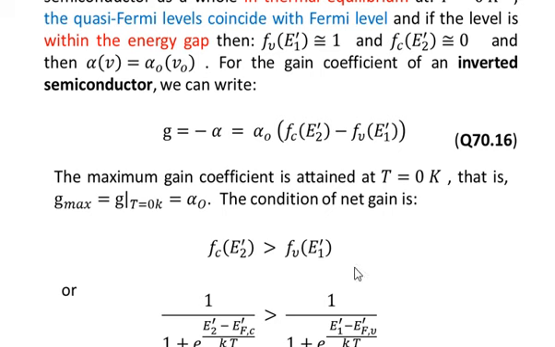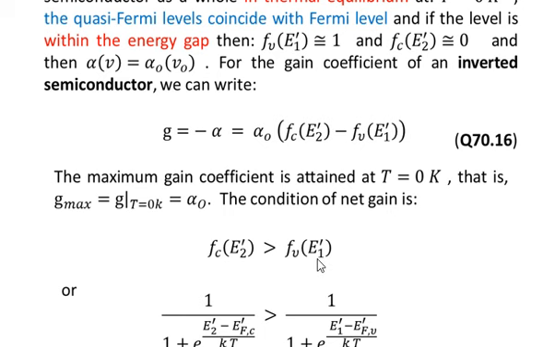And then the probability that the level E2 prime in the conduction band is being occupied is greater than the probability of the level E1 prime being occupied in the valence band. So it means that now the population has been inverted, because E2 prime now has a greater probability of being occupied as compared with the level E1 in the valence band.